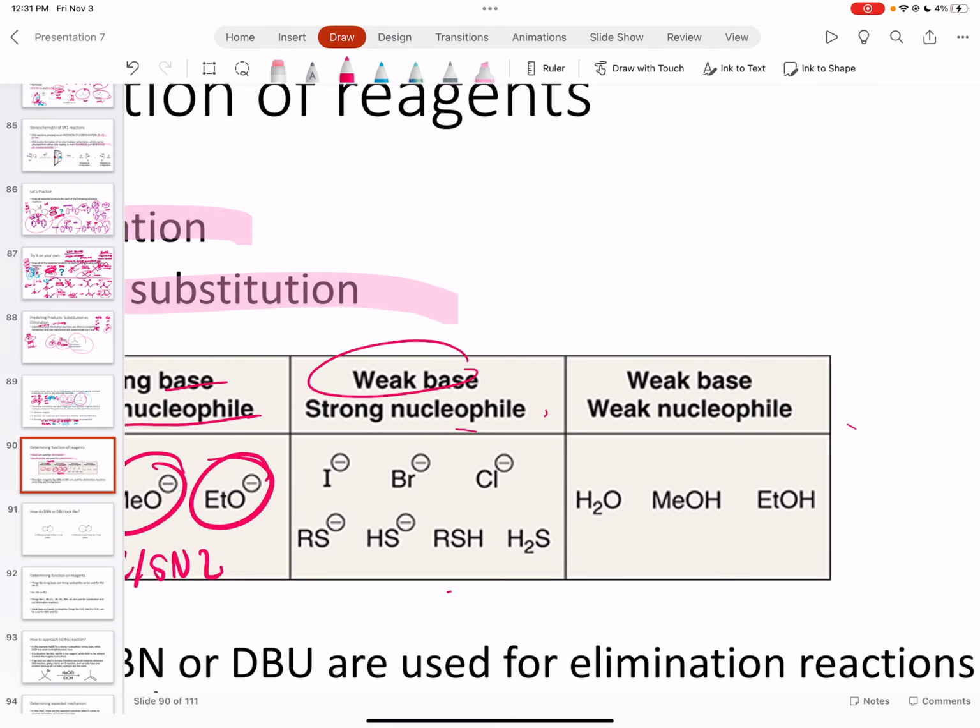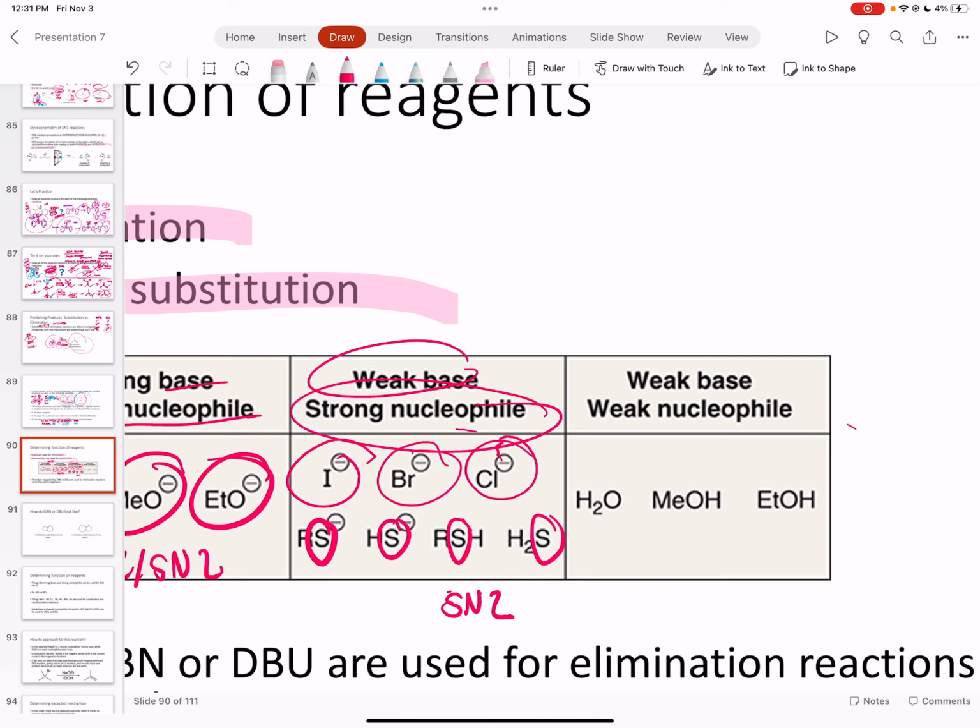A weak base and strong nucleophile means that we can do SN2 reactions, and only SN2. You can see they don't have any hydrogens. They're very electrophilic and very reactive, things like fluorine, bromine, chlorine, iodine.